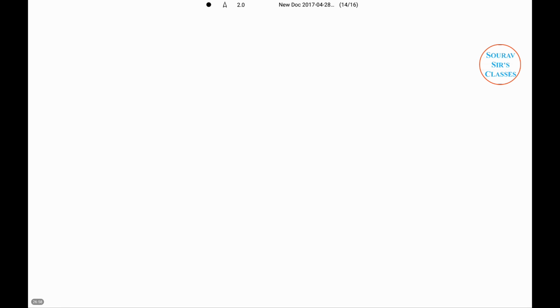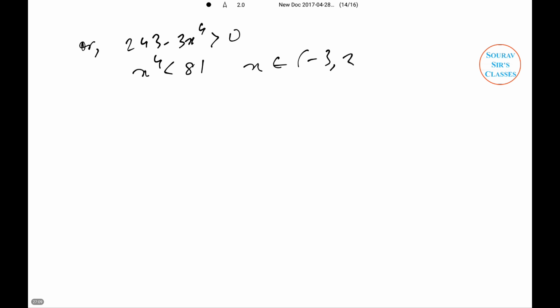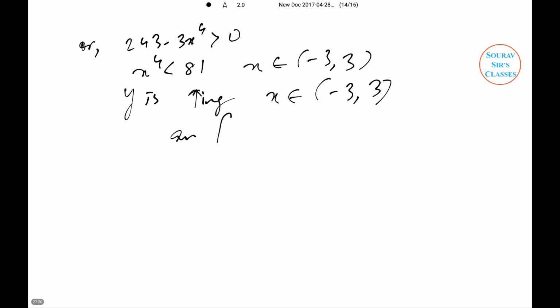So the denominator part will give you minus 3 to 3. So y is increasing when x lies between minus 3 to 3. So the limit of an is 1 to 3. Hence if we get back to our options, option D is the correct answer.